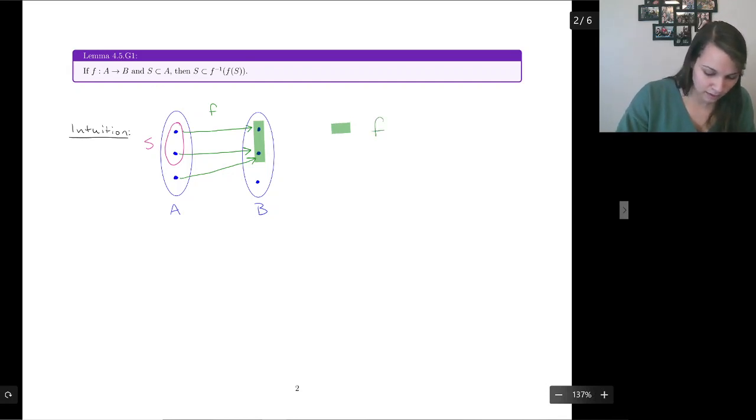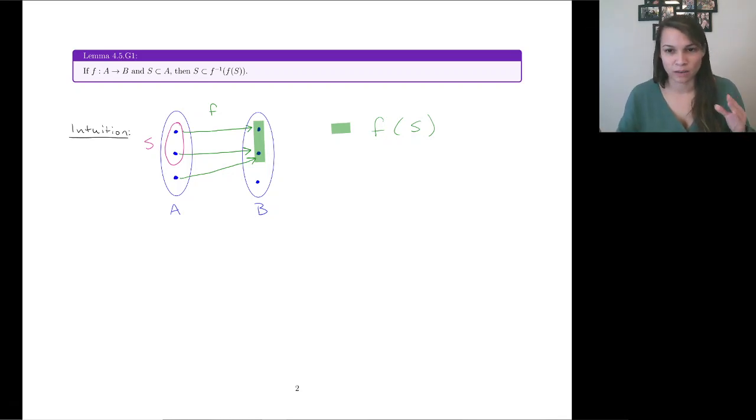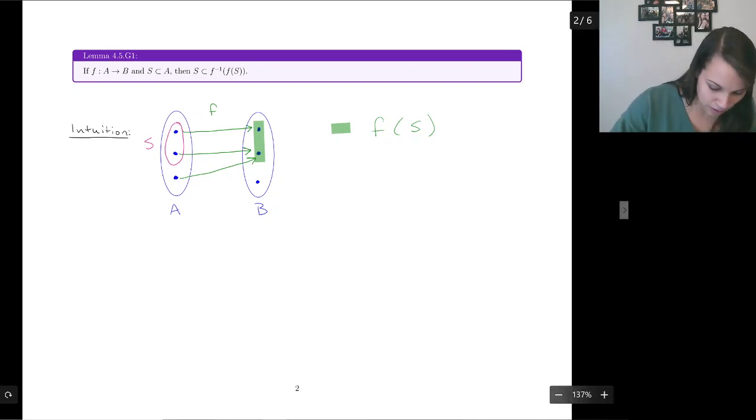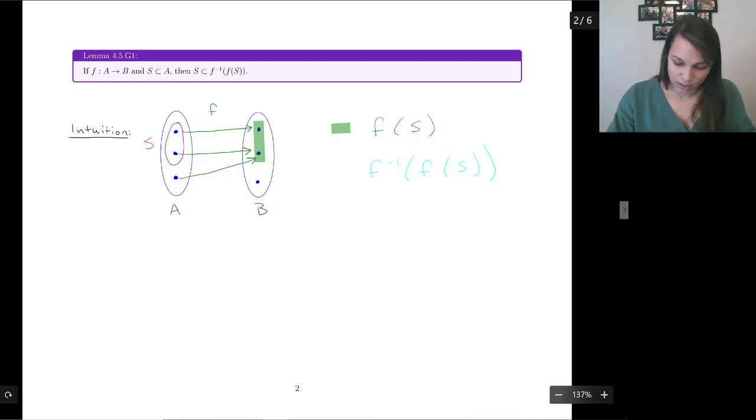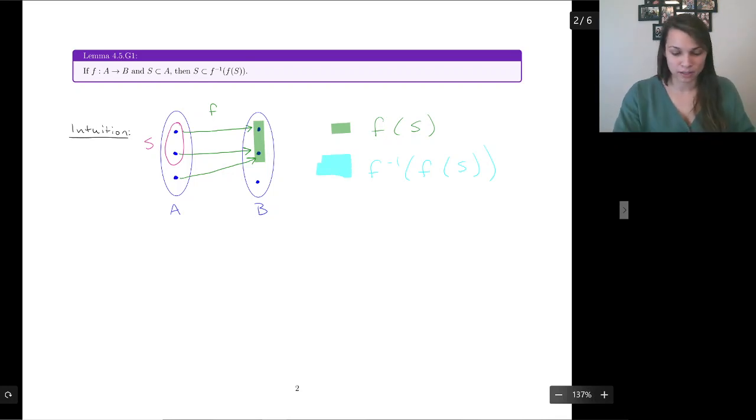So we're going to say that represents f of S. But then when we think about the pre-image of f of S, that opens the door for all the things that could map here.